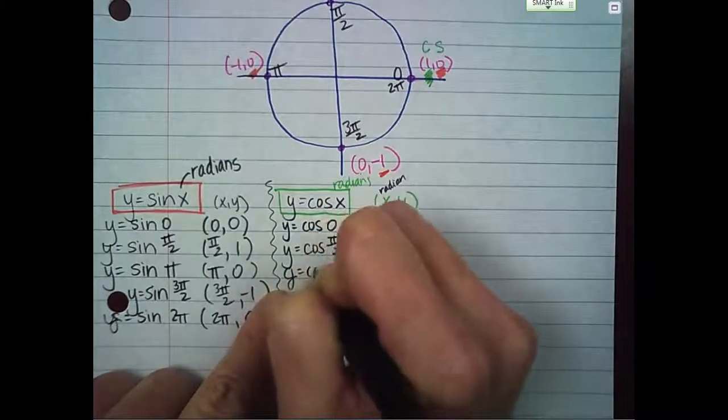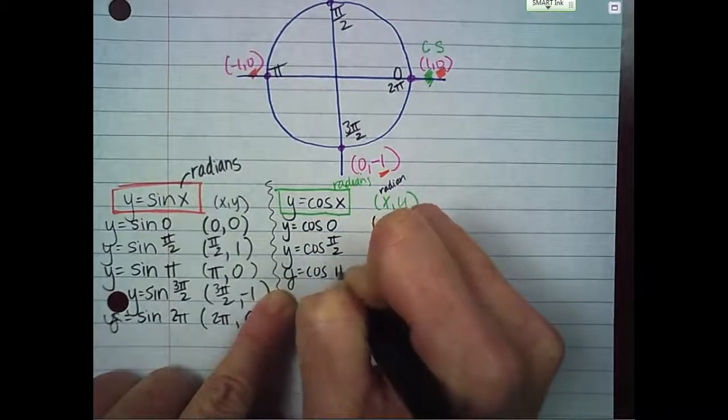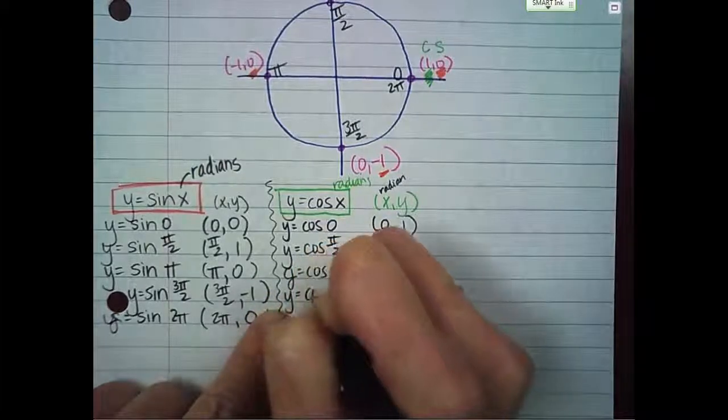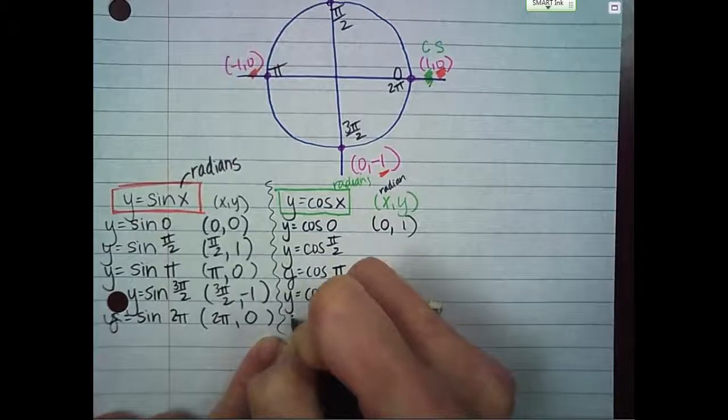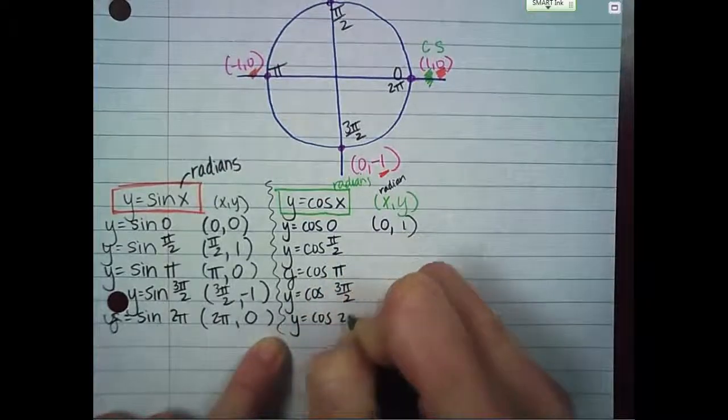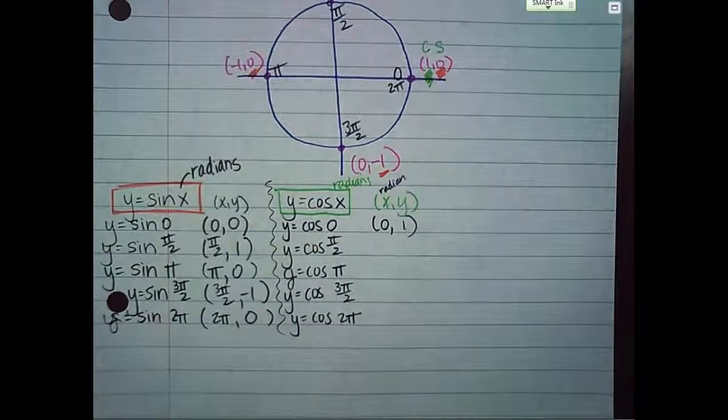What is cosine at pi? 3 pi over 2. We're stopping at all the quadrantals, right? We're making a stop at each important spot because there's no reason to stop at every single spot on the unit circle. We can get an idea with just the main ones. Does that make sense? Okay.